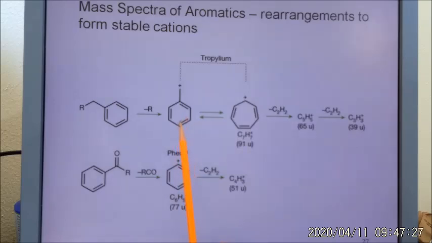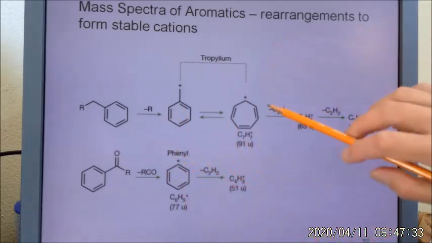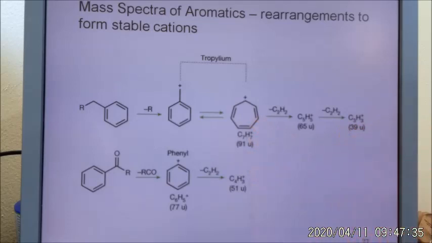Because when you form your tropylium ion, this is what you actually see. It rearranges and forms C7H7 plus, both of them. This is an aromatic ion, and because it's aromatic, it's very stable, which is why we see such a strong peak at 91. It can rearrange, losing an ethylene group, because remember small neutral molecules like ethylene can be lost easily.